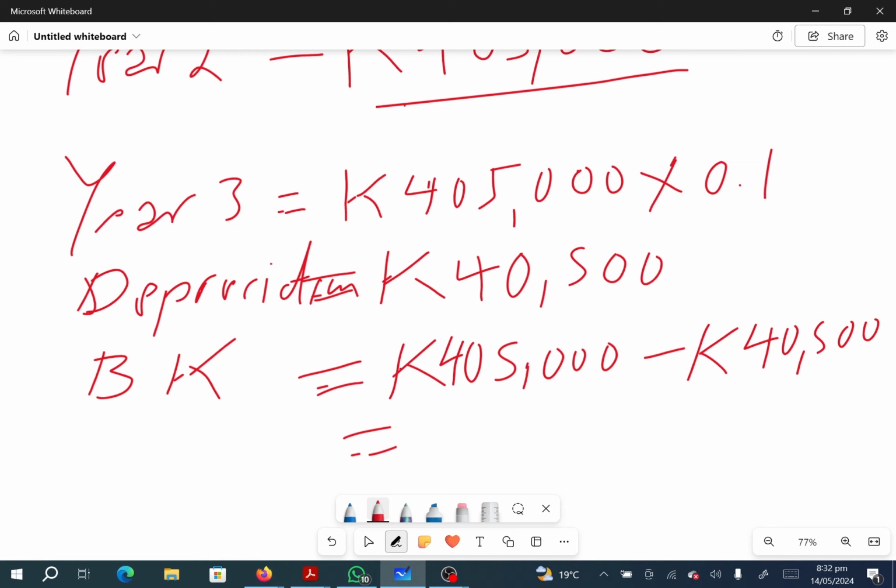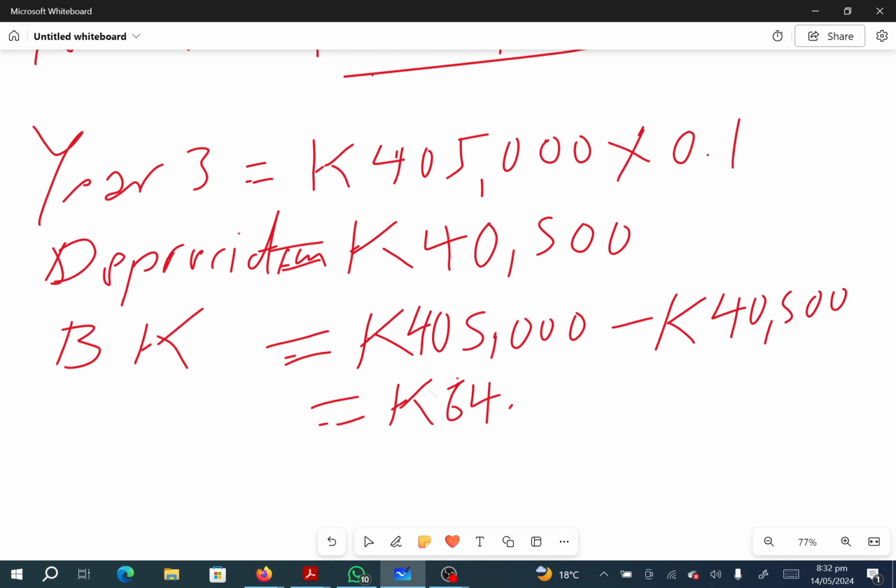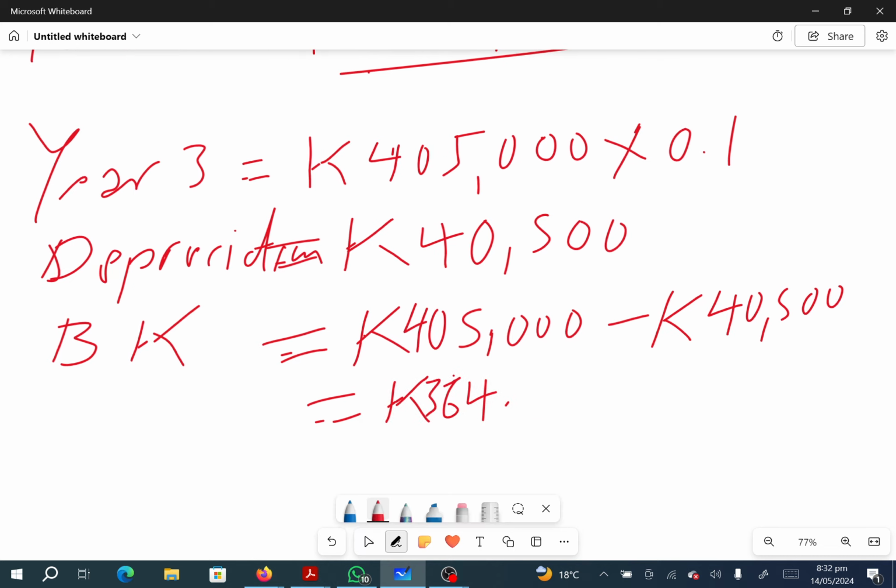So it's giving us 364,500. So now this becomes our book value as of year 3.